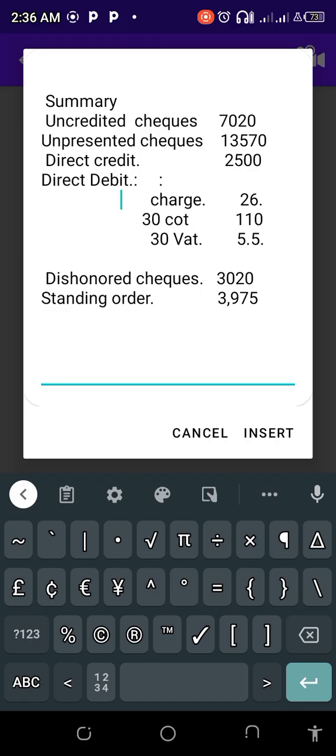Standing order. Now let us go and see how we can prepare the bank reconciliation statement. The bank reconciliation statement has only 2 segments: the adjusted cash book and the reconciliation section. So let's go.